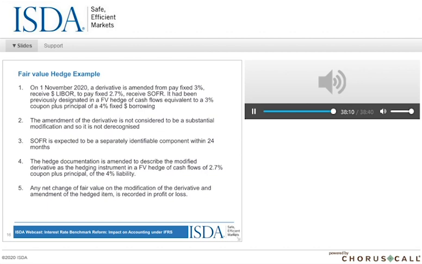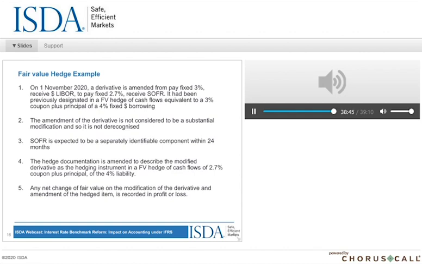Next, the hedge documentation is allowed to be amended to describe the modified derivative as the hedging instrument and the fair value hedge of the cash flows of a 2.7% coupon plus principal of the 4% liability. So what we've done here is to change the designated hedged item from 3% to 2.7% in line with the change in the hedging derivative, very much as was mentioned a moment ago by David.